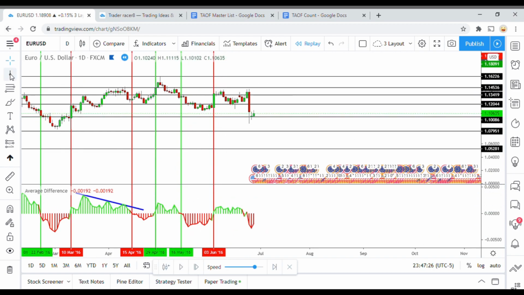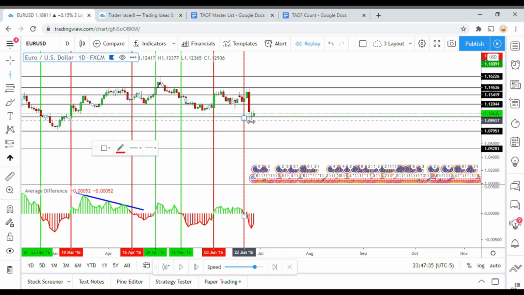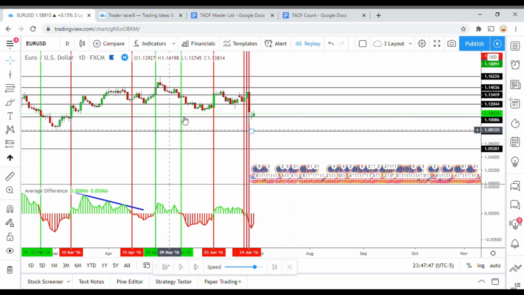And this price action definitely is not setting up in ways that I feel extremely confident in saying one direction or the other.